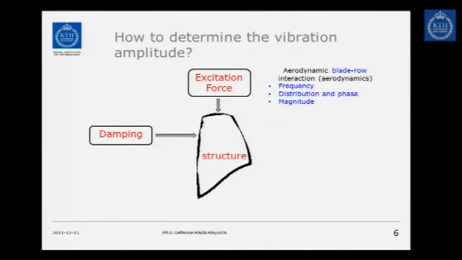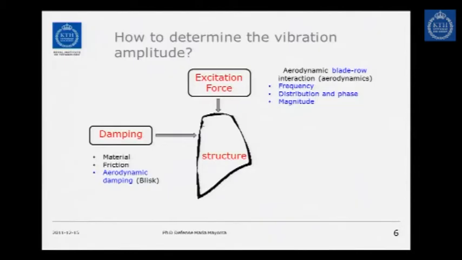And then on the damping side, we have either material damping, which is the damping that every structure has, or we can think about molecular friction, let's say, in the material. We have friction damping, which is due to the relative motion between two contact surfaces. And then we also have aerodynamic damping, which is this resistance from the flow due to the vibration.